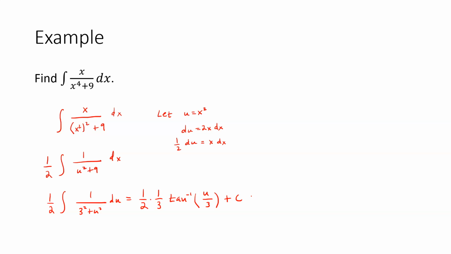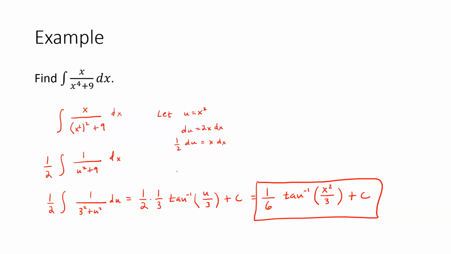And then putting our u back in, 1 over 6 tan inverse of x squared over 3. So it's just a little bit of manipulating to get it into a form where we can substitute something to form that tan inverse integral.